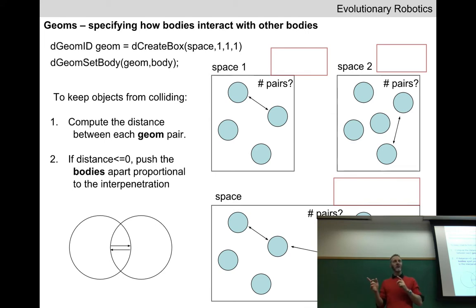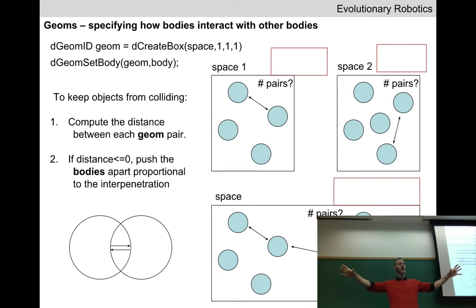So when you get to the final project, if you find that you're creating very complex scenes with multiple robots and lots of objects out there in the environment, come and see myself or the TA, and we'll talk about creating multiple contact spaces, which makes your simulation run much faster. So in this case, we're going to assume that there are subsets of objects which only rarely come into contact with one another.